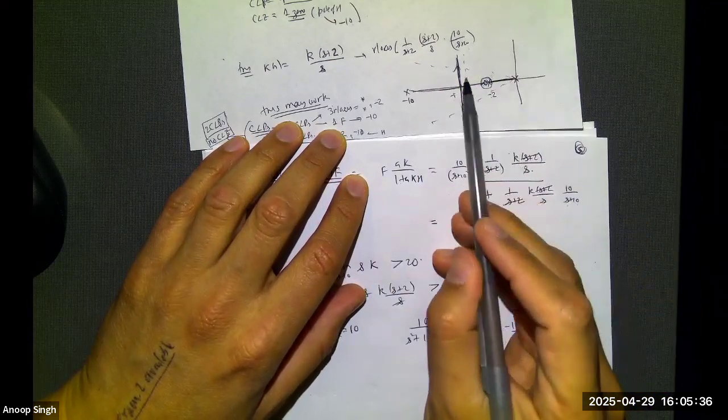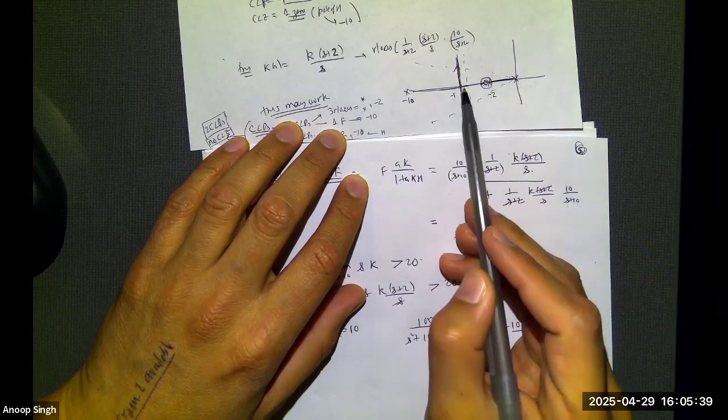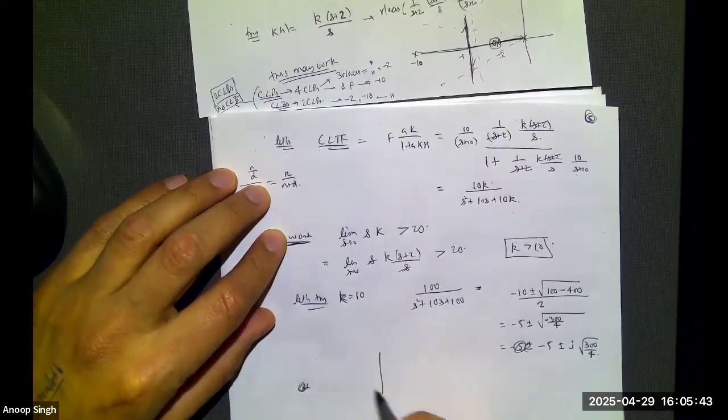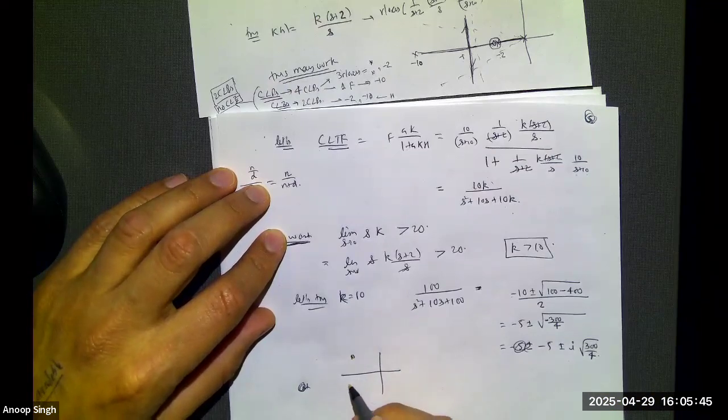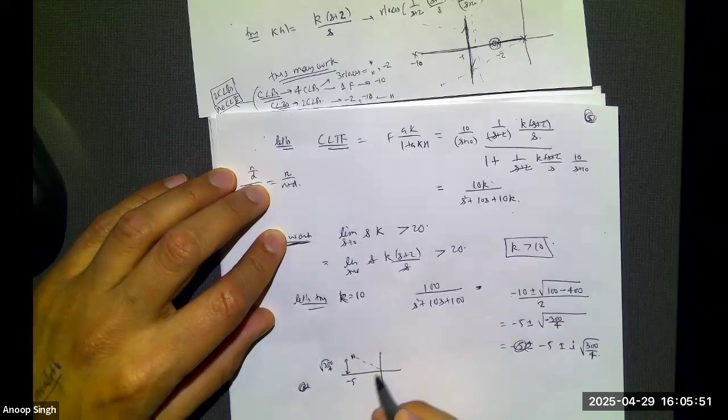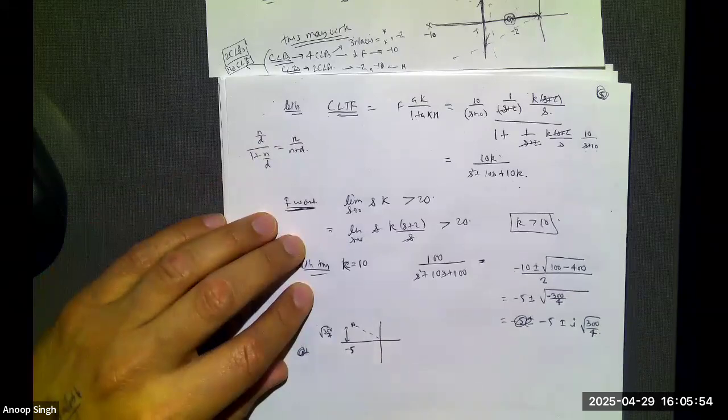And cotangent of the angle is the real part over imaginary part. So if the pole's real part is minus 5 and the pole's imaginary part is root of 300 over 4, like this, then check this angle of the pole.